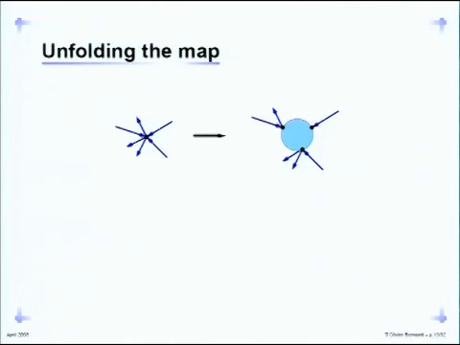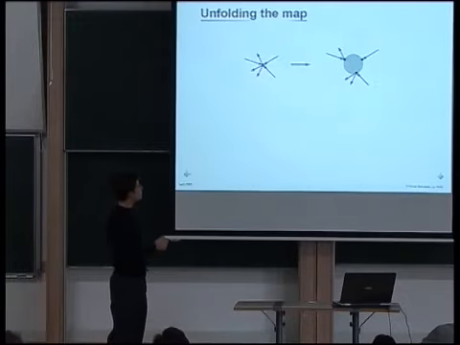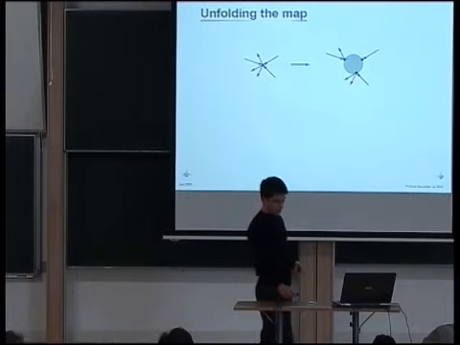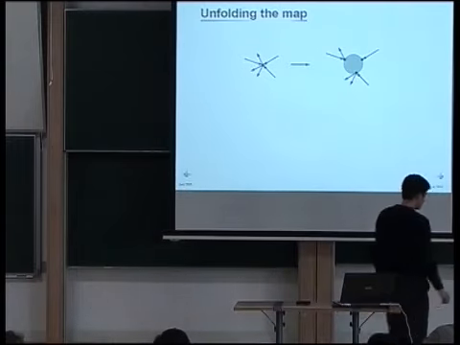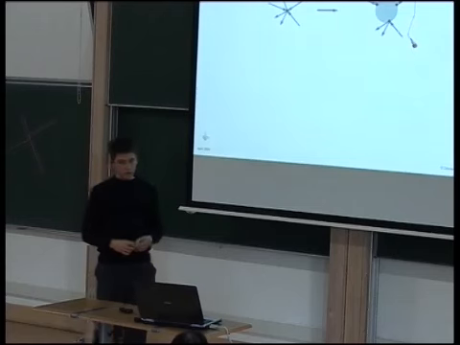Now comes the second step, and the second step is a local operation that you do on each vertex. So I consider a typical vertex of my map. It has a certain number of ingoing half edges and a certain number of outgoing half edges, but it has at least one ingoing.